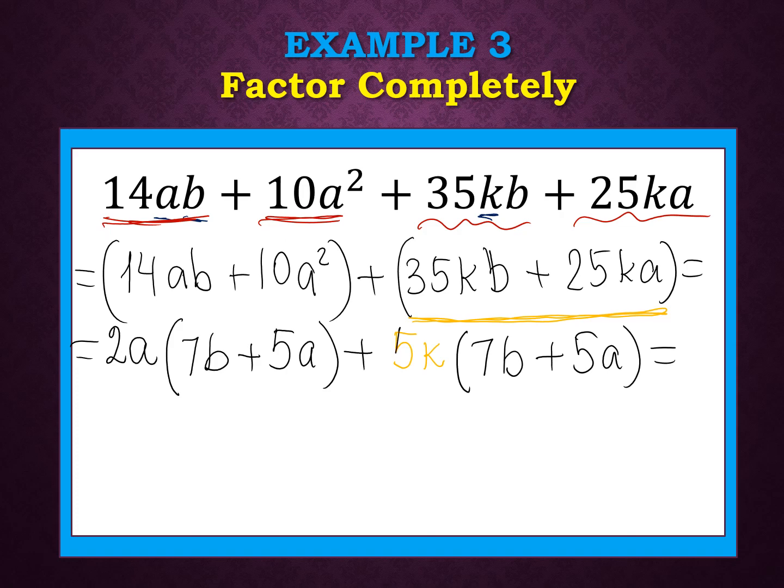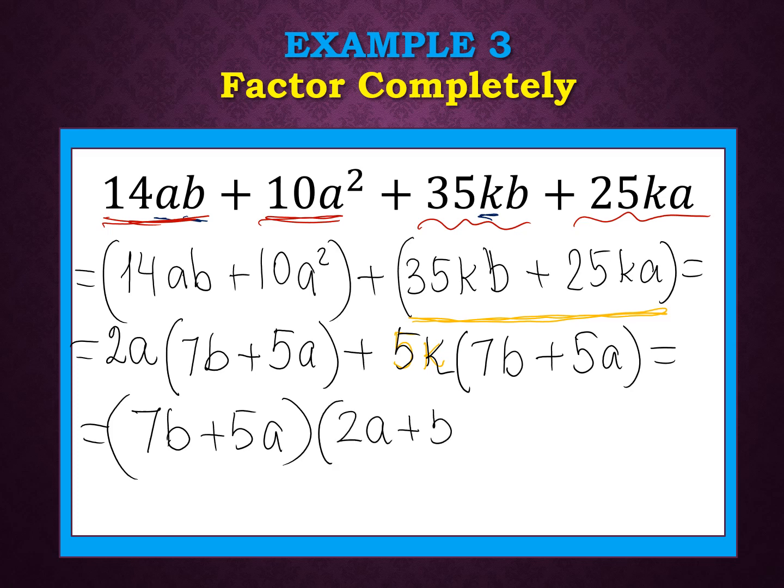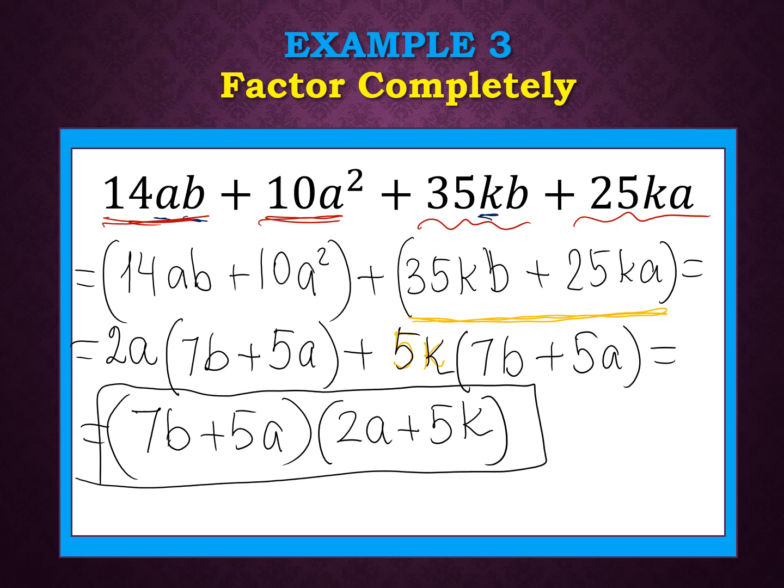Now our expression has common factor 7b plus 5a. We follow our distributive property formula. Open parenthesis, it would be 2a plus 5k. This is the factored form of the given polynomial.